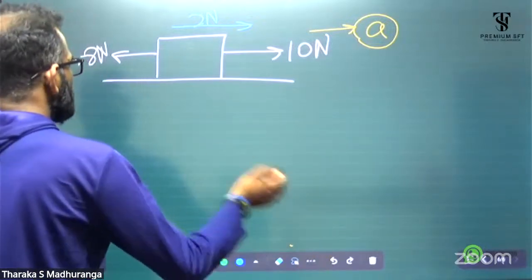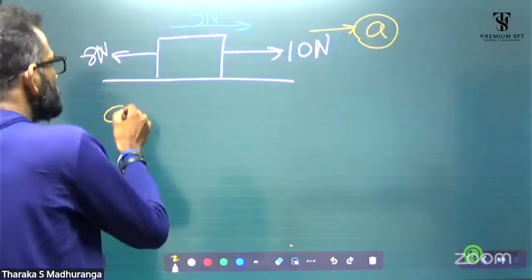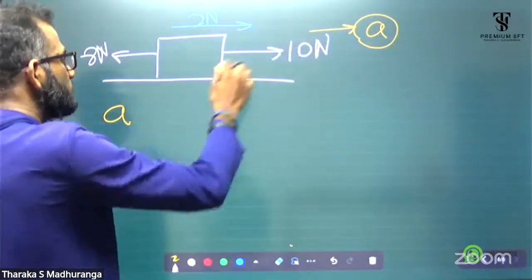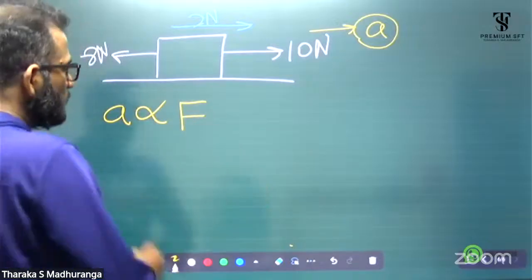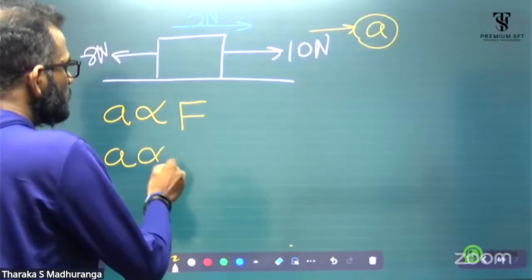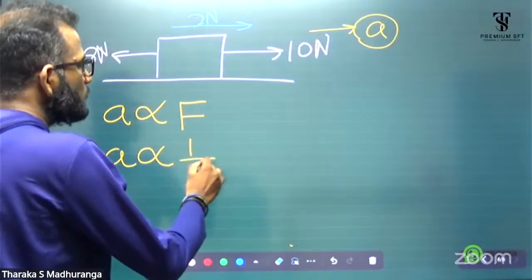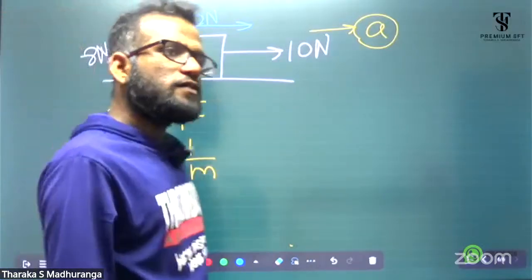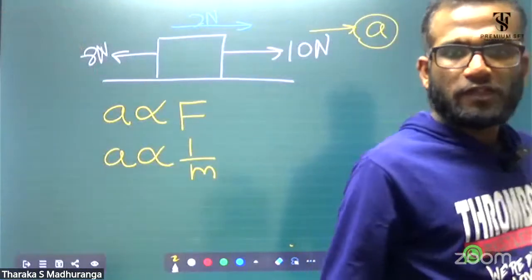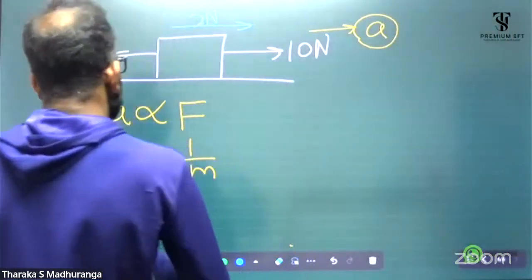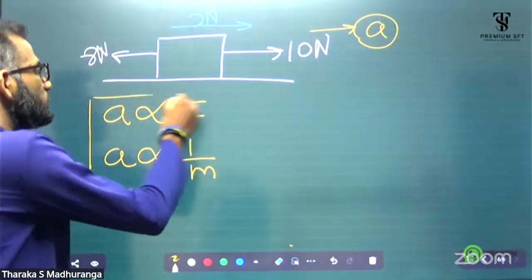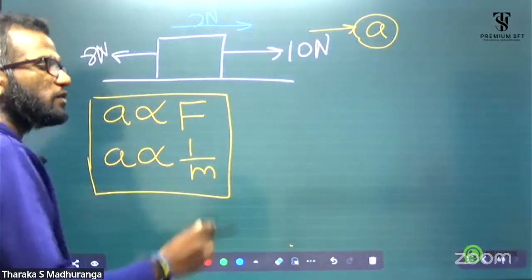This acceleration is directly proportional to the unbalanced force, and this acceleration is inversely proportional to the mass of the object. That we call the second law of Newton's laws.